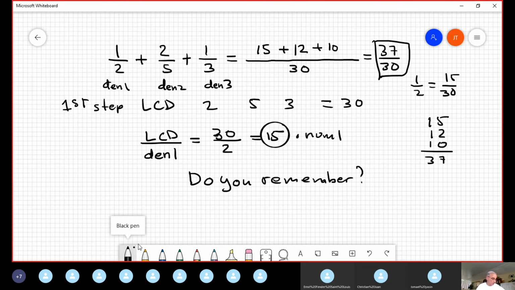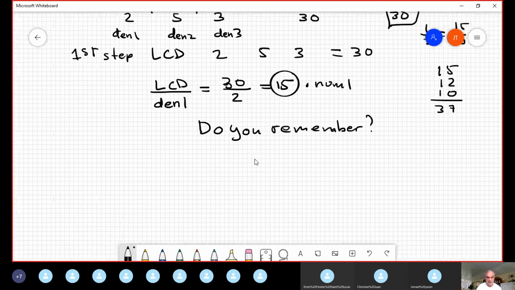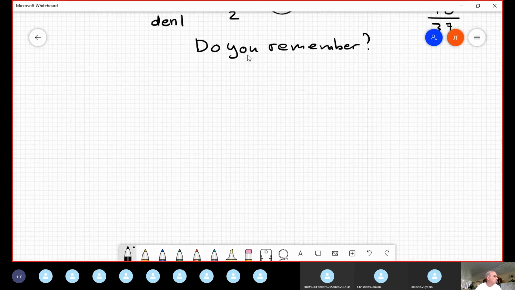So let's go to the problem. Problem number 61. This is algebra, not arithmetic. We have 5 over x plus 5, plus 3 over x, and we are doing exactly the same.